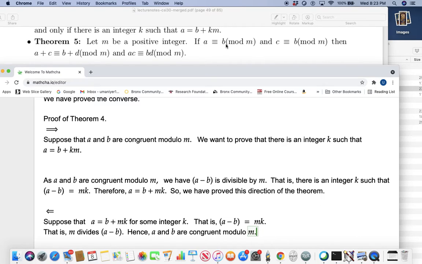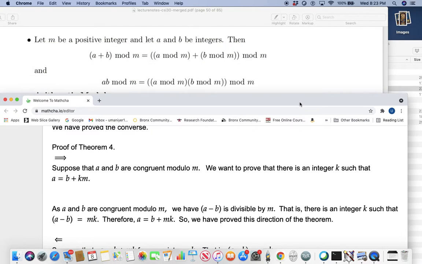If a is congruent to b modulo m, that is, a minus b is divisible by m, and c is congruent to d, mind you, sorry, this should be a d, then a plus c is congruent to b plus d, and ac is congruent to bd modulo m. You can show this carefully.